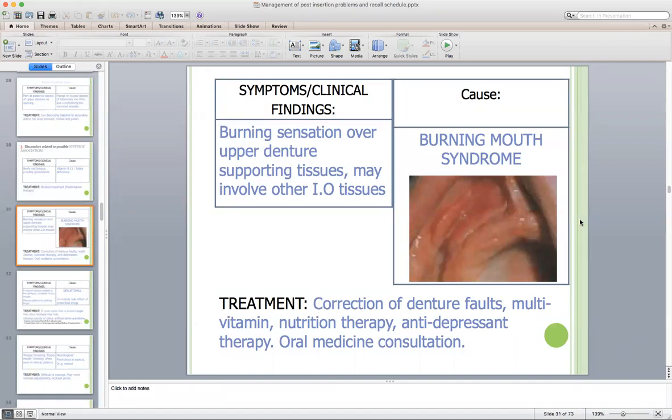Correction of denture faults, so we have to check whether any denture faults exist, multivitamin therapy, nutrition therapy, antidepressant therapy, and oral medicine consultation. So an interdepartmental consultation has to be taken, and referral to the patient's concerned physician should be done. If we are prescribing antidepressant therapy, we should first consult the patient's physician, and only then should any medication be prescribed to the patient.